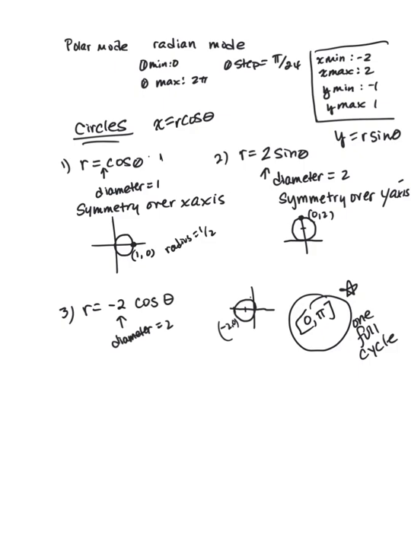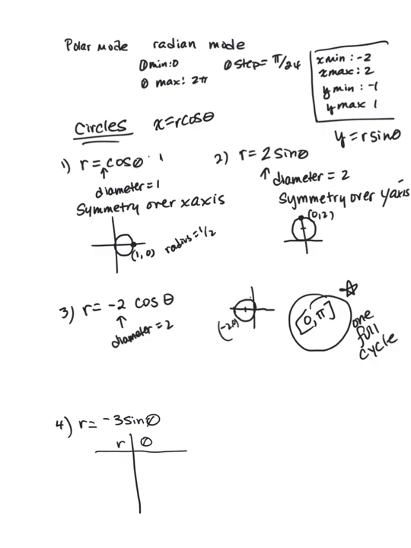Okay, so those are circles. Now, you could always do it by hand. You could always make a chart, just to let you know. So let's say you were doing r equals -3 sine theta, and you wanted to just make a little chart. Your chart would go r, theta. You would start with your theta.